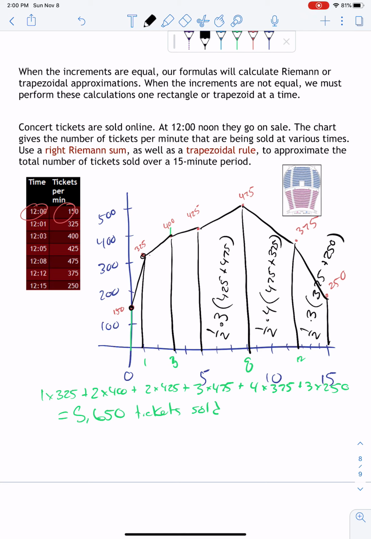And then these over on the left that I skipped. 1/2 from 3 to 5, that means it's 2 wide, and it goes from 400 to 425. From 1 to 3, that's also 2 wide, and I go from 325 to 400. And my very first one, this one right here, it's 1 wide, sorry.